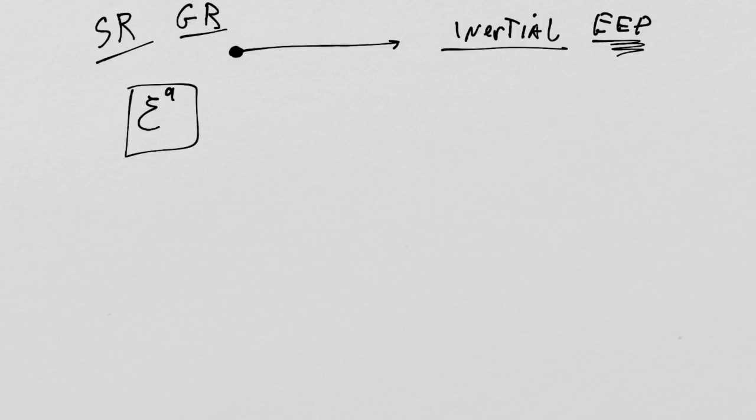Now, right now, we're not going to do that. We're going to say the whole thing is special relativity. So we don't need the equivalence principle because we're not dealing with anything that's free falling. We're dealing with things that are just moving at uniform velocities entirely inertially in the space-time of special relativity.